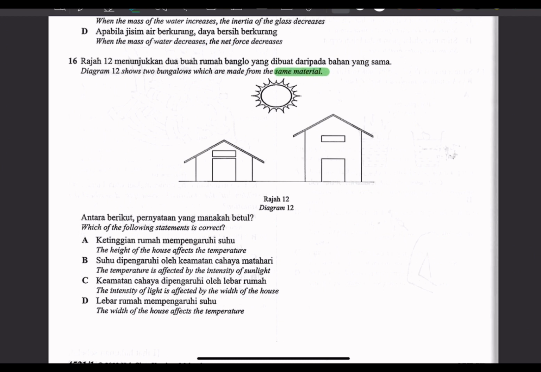Two bungalows are made from the same material. Which of the following statements is true? The height of the house affects temperature. The temperature is affected by the intensity of sunlight. So this cannot be because it is the same sunlight, the intensity must be the same.